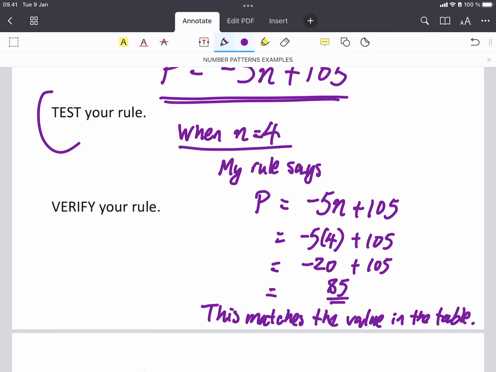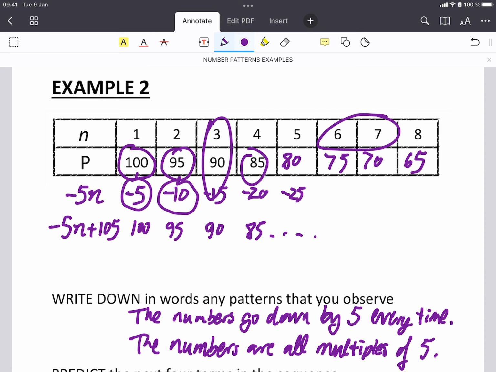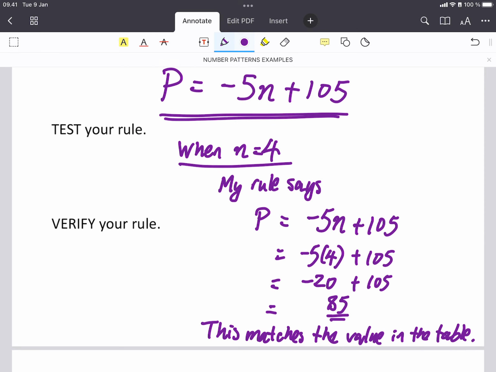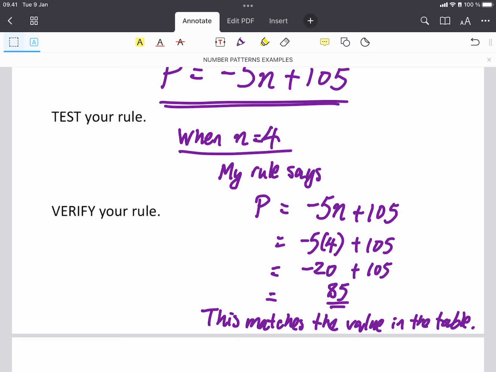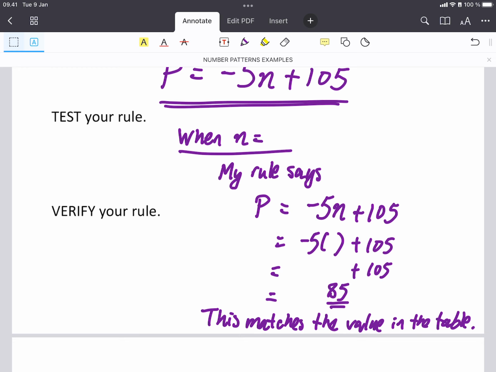So that's my testing, doing it for the values that were already there. And then I'm going to try and verify it with a couple of the higher values, let's say 6 and 7. So when n equals 6, I'll just change all these 4's to 6's and then everything else that follows on from them.